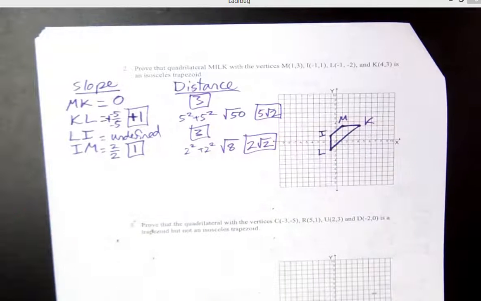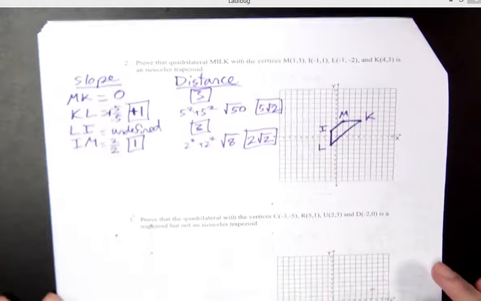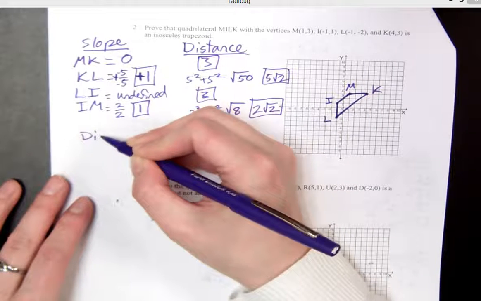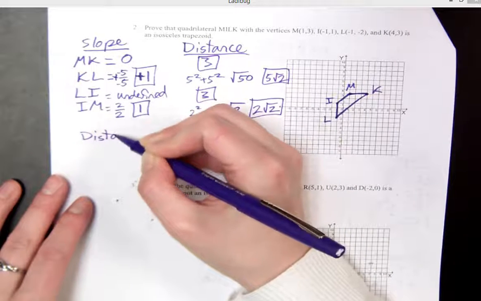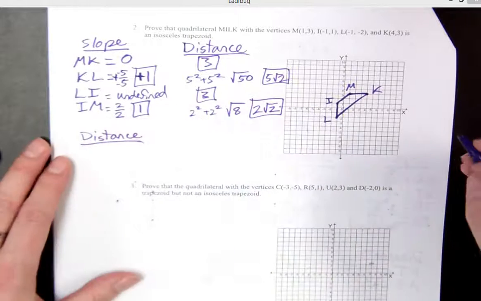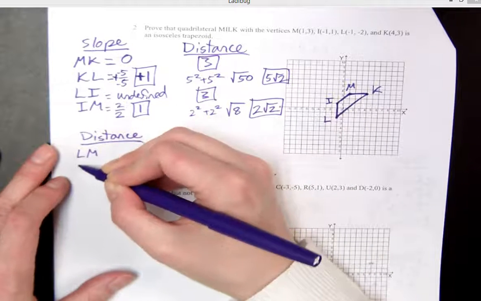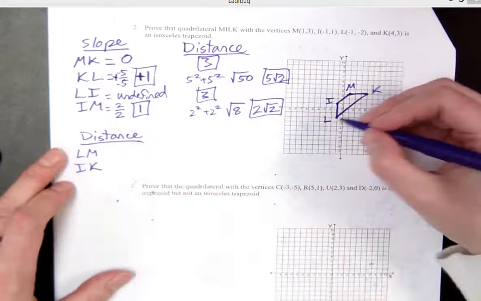What else are we going to need before we finish all those proof statements? Diagonals. So did we end up needing the diagonal slope or just the distance? We can find slope and then distance, or we can just do distance. So our diagonal distances would be LM and IK.